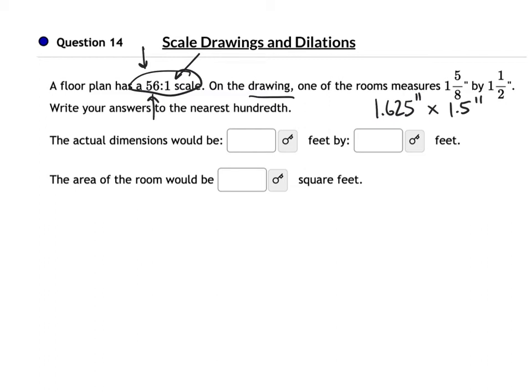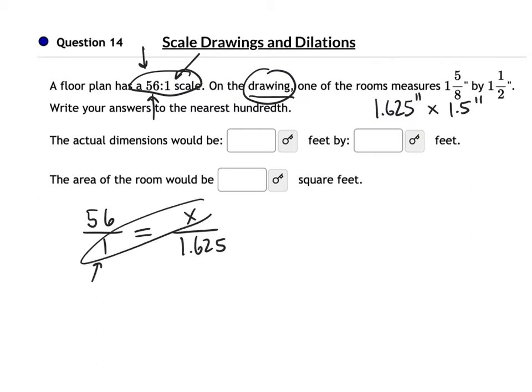Now all I really need to do is multiply by 56, but understand again, you're really solving a ratio. 56 over 1 equals, the 1 corresponds with the drawing. Take one of these lengths and put it below, 1.625, and your x above, and then notice again, x times 1, x equals 56 times 1.625.